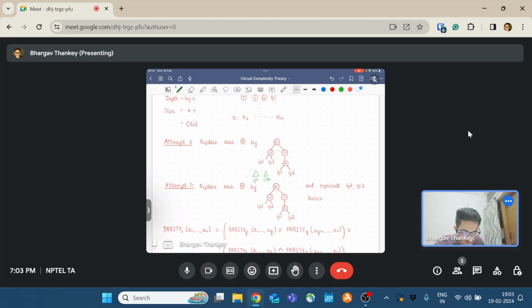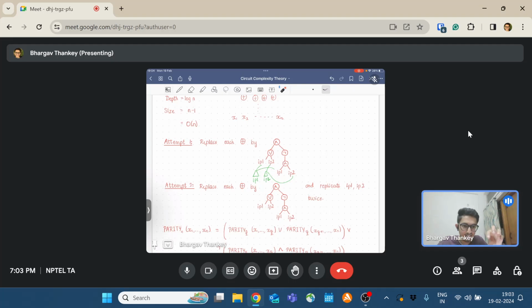But now to make this circuit, what will you have to do? You'll have to plug in this IP1 at two places, and IP2 also at two places. So even though this thing is a formula, the resulting circuit is no longer a formula, because you have two gates, one for IP1, one for IP2, and they are now being used twice in the overall circuit.